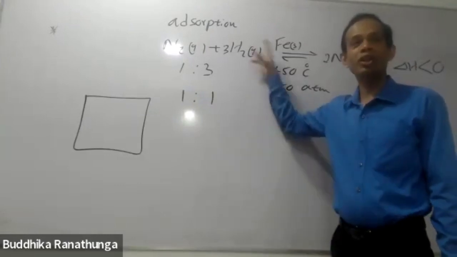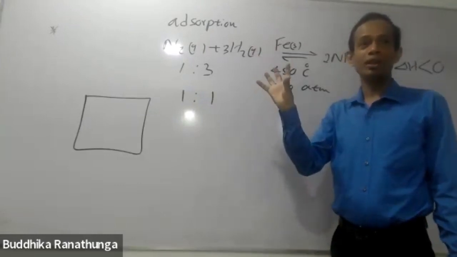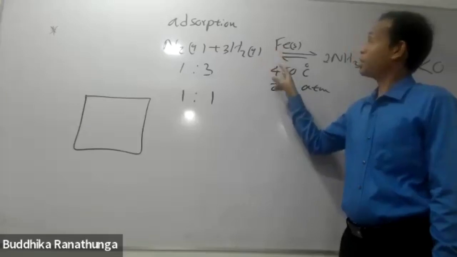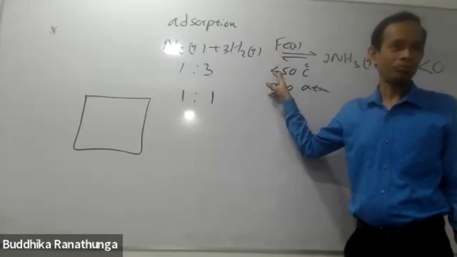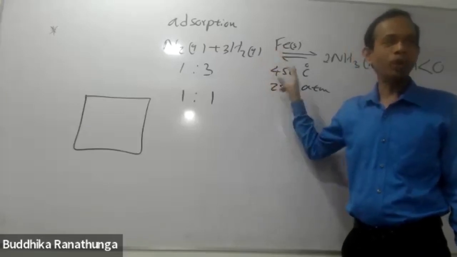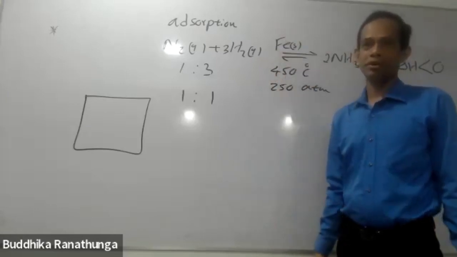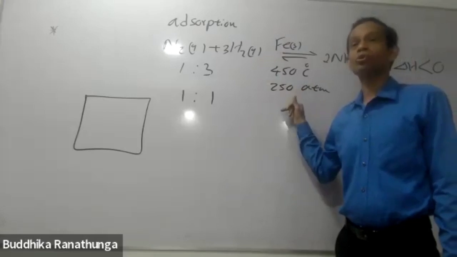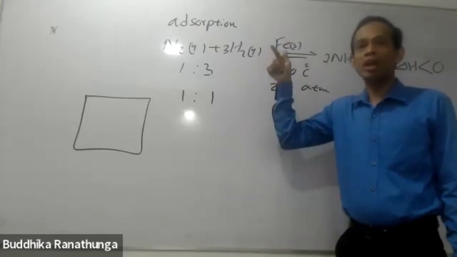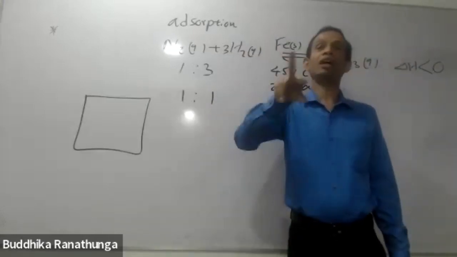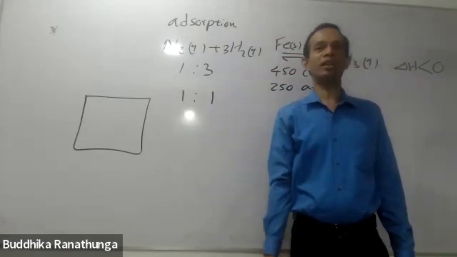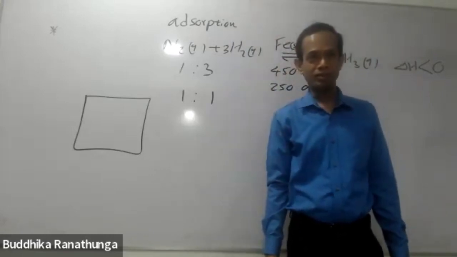But still these are in the form of gases, because the temperature is high. Therefore, what we have to do is drop the temperature. Then the pressure is enough to make ammonia a liquid first, while the other two are still remaining as gases.